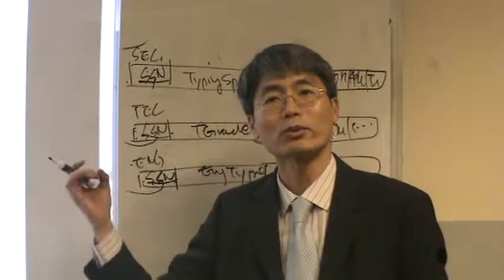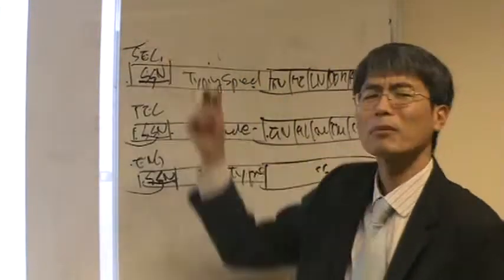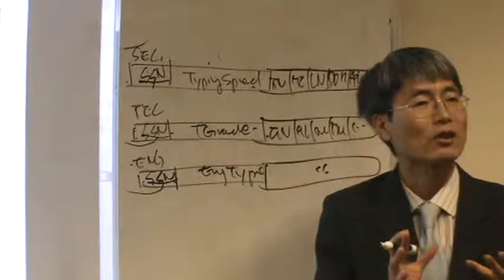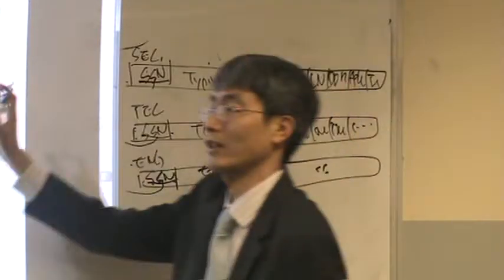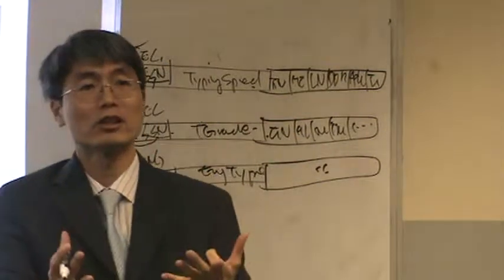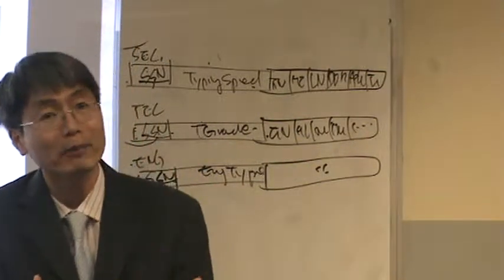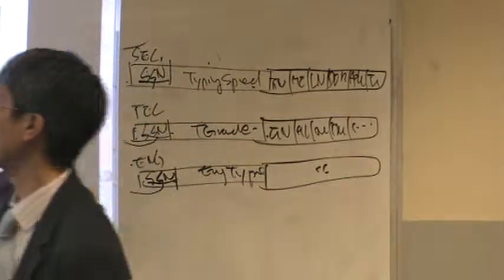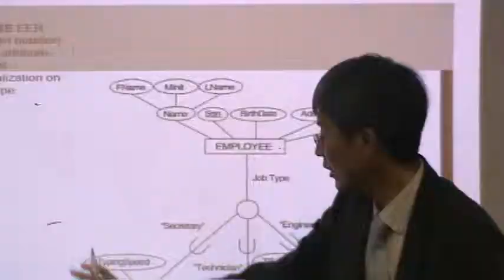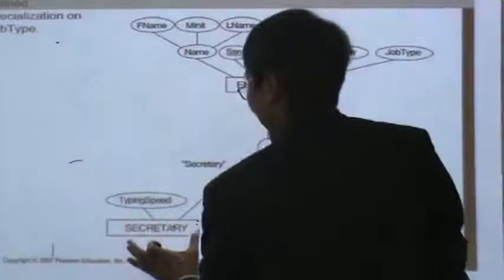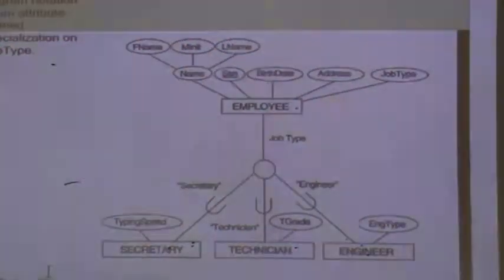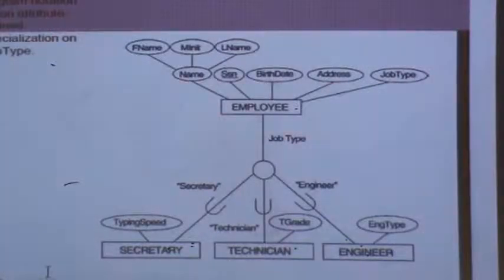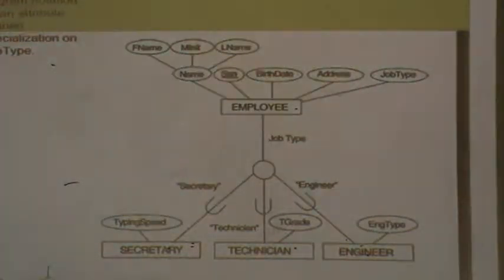Somebody may be curious: what's the main difference between the first option and the second option? There's no superclass. If you believe, from your database and application analysis, that the general employee is not important, and most programs access secretary, technician, and engineer separately, then you can select the second option.